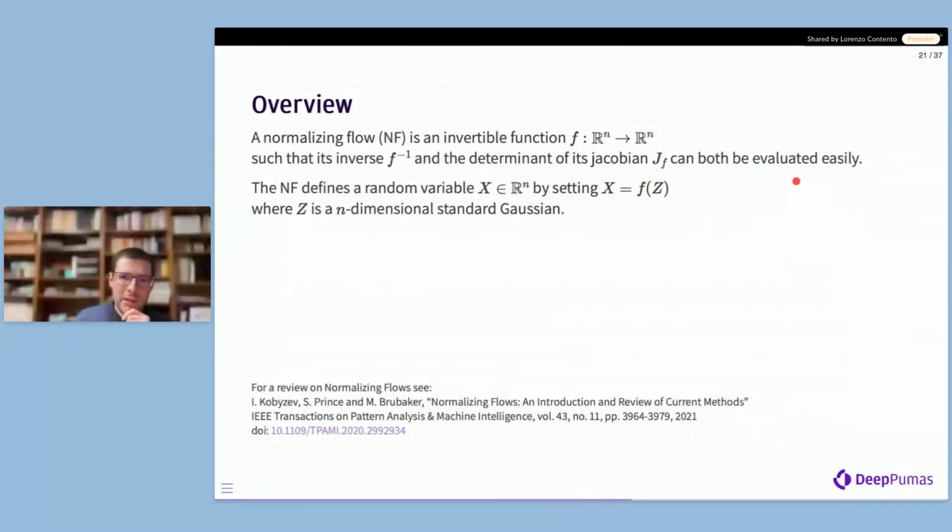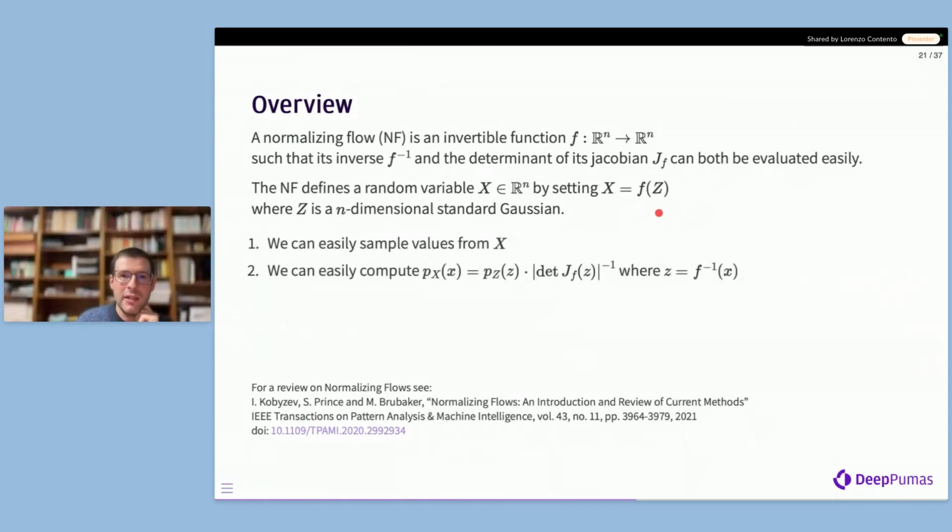We can do this for every function f, even if it has no inverse or it has no Jacobian, and we can still simulate easily from the resulting distribution by just sampling from z, applying f, and obtaining a sample from x. However, if we want to compute the PDF, this invertibility property and Jacobian property are important.